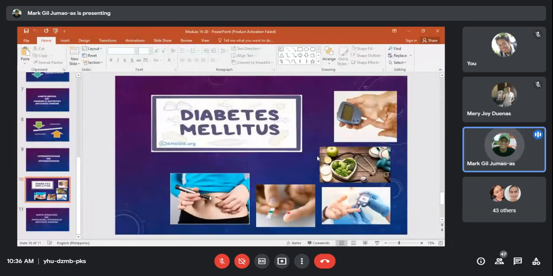So on your diabetes mellitus, actually, we need glucose for our body in order to perform its functions. So that glucose will undergo the process of what we call glycogenesis. Once the glucose undergoes glycogenesis, that glucose will be formed into your glucagon.